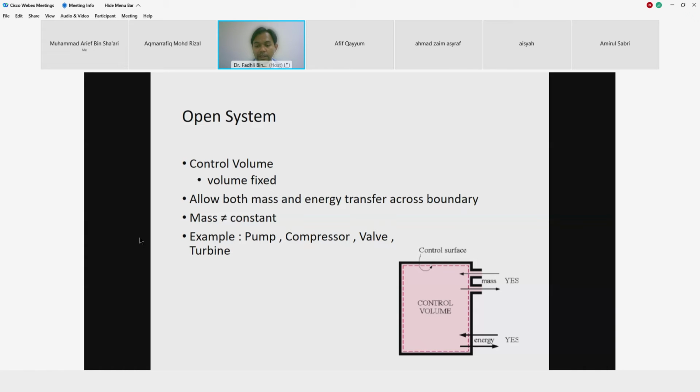Of course, energy can be transferred too. Even if the boundary is closed, energy can be transferred in and out. Therefore, for the open system, both mass and energy can be transferred in and out, and the mass is not constant. So remember that mass is not constant for the open system. Several applications use open systems, for example pump, compressor, valve, turbine, and many more.